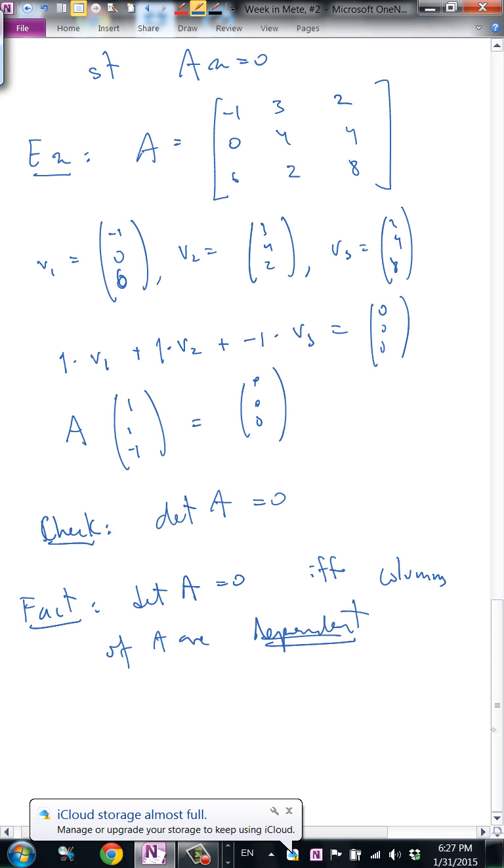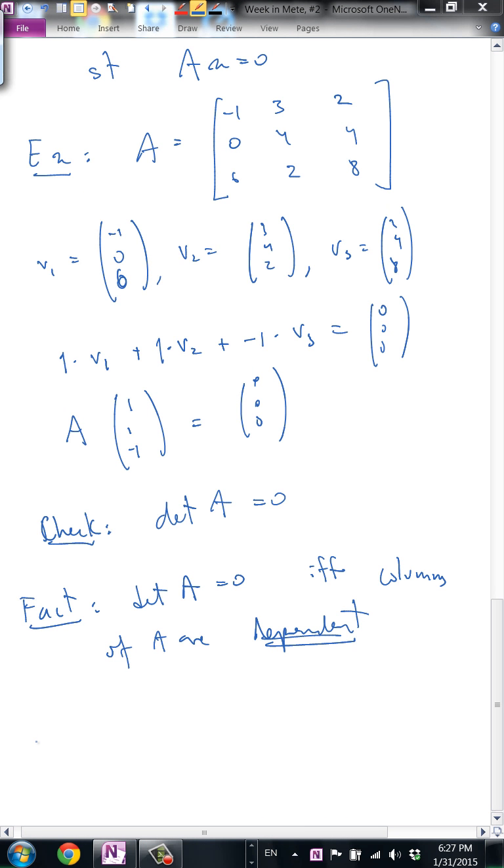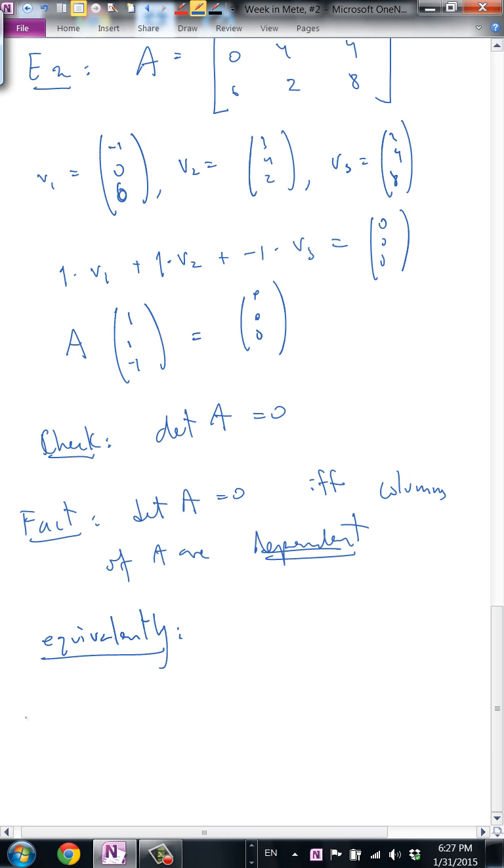So another way to say this, an equivalent way of writing this fact, is the following: the determinant of A is equal to 0 if and only if there exists some non-zero vector x such that Ax is equal to 0.